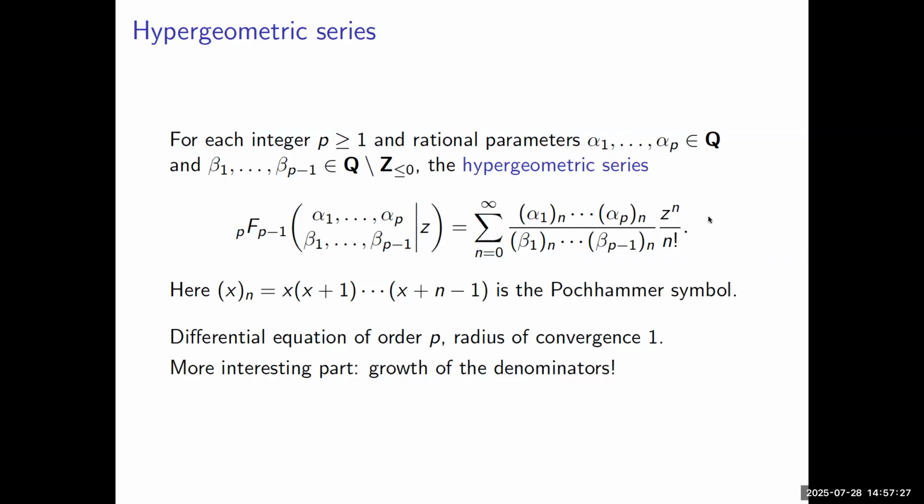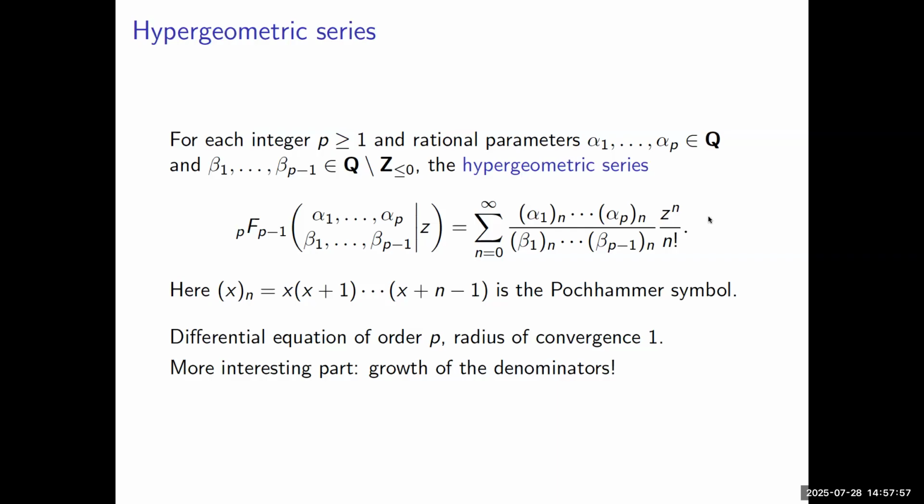But if you want to explicitly write down what this means, you give yourself an integer p. Then parameters alpha 1 to alpha p, rational, beta 1 to beta p minus 1. So here it's important that they are not non-positive integers. And then you consider this generating series, where the coefficient is a quotient of Pochhammer symbols.